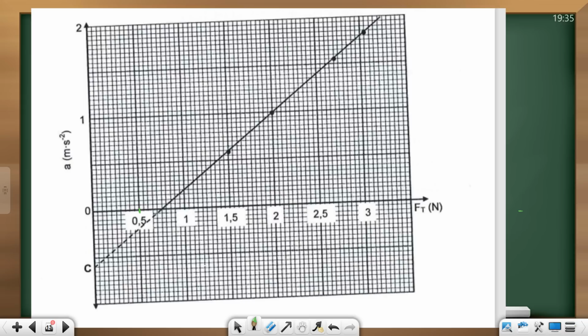Between two black lines, what do we have? 0.5, right? And there are 10 boxes. So one tiny box will be 0.5 divided by 10. What would be the answer? 0.05.